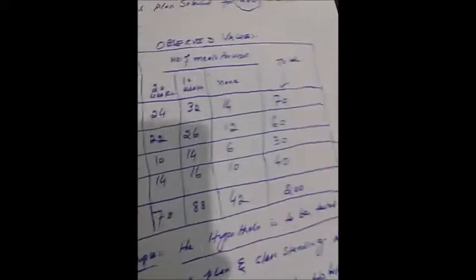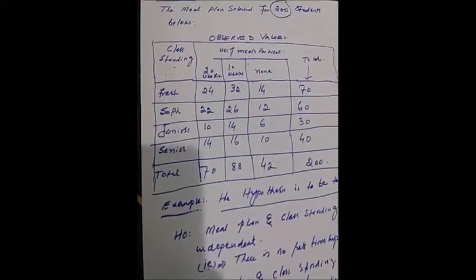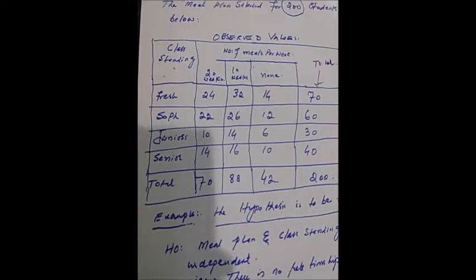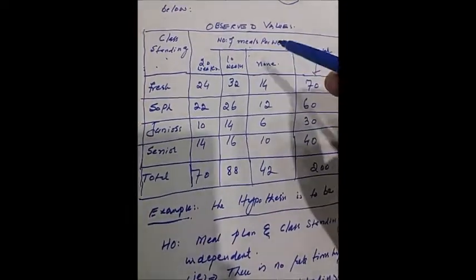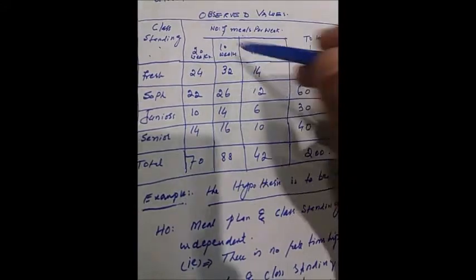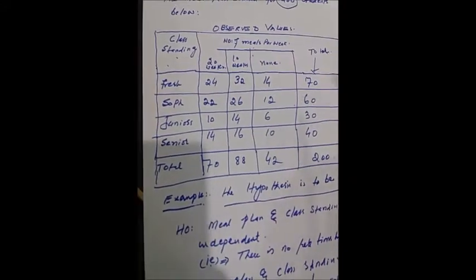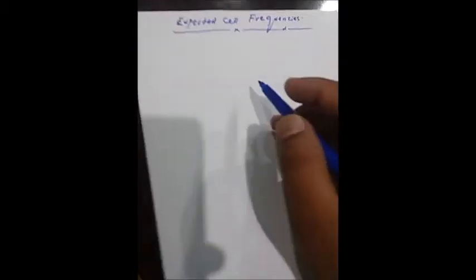As we have obtained the data of the 200 students regarding their meal plan and class standing, this is the overall data table, and in the same way we have to construct a table for expected cell frequencies.